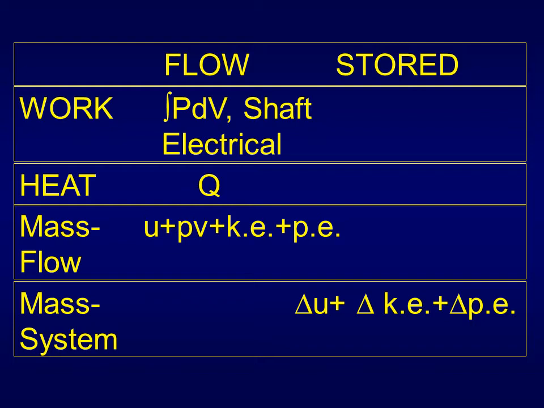We have shaft work, so you could have a shaft coming in or out of the system. You could have a spinning mixer where work is being added into the system through a motor that spins a mixer inside the system, and that mixer will stir the gas or stir the liquid or the fluid inside the system.